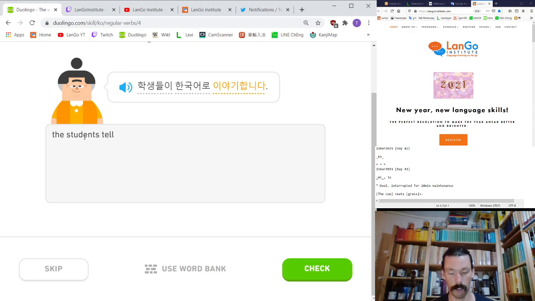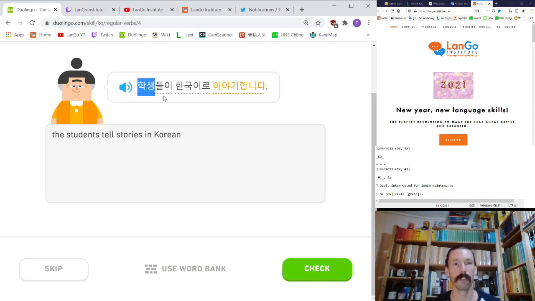They do storytelling. Here, 한국어로 we'll put last in English, in Korean. And that 으로 suffix, here just in the 로 form, for an instrumental by means of. By means of the Korean language, they told stories.